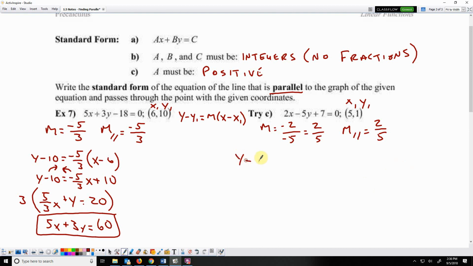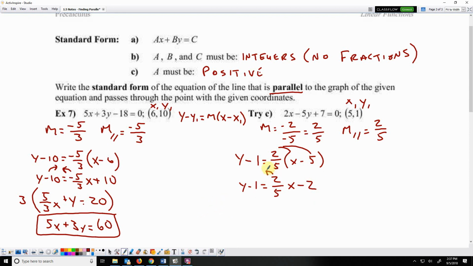So y minus 1 equals 2/5 times x minus 5. So when I distribute, I get 2/5 x minus, and then 2 times 5 is 10, divided by 5 is 2.